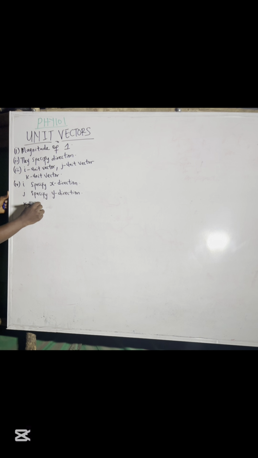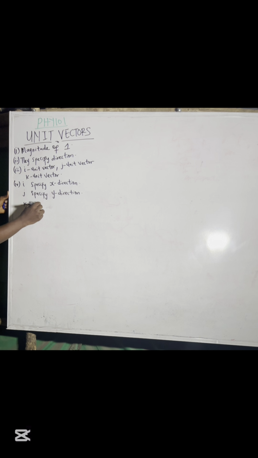Now, guys, the first question is that we should look for the magnitude of A. Do not forget that our vector A was equal to 4i plus 8j minus 3k, right? From the question, our vector B was equal to 6i minus 3j plus 4k.